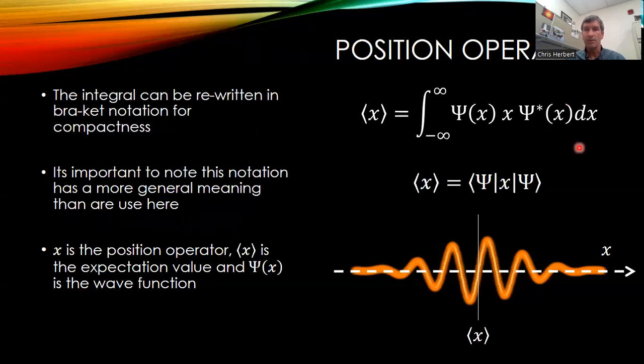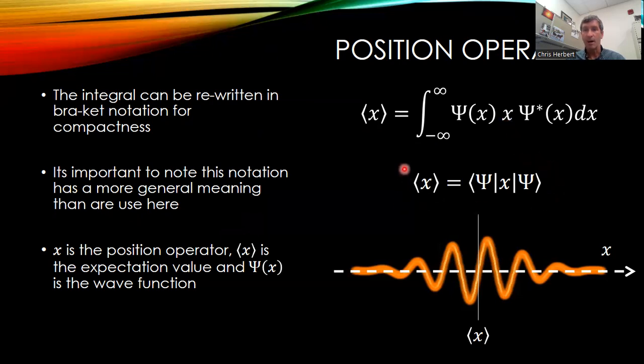But if I wanted to use other properties, such as I wanted to calculate momentum or kinetic energy, we'll see that we need to use other forms in our equation. So again, here's our position operator. Here's our expectation of position. And again, our position operator in this case would be x.